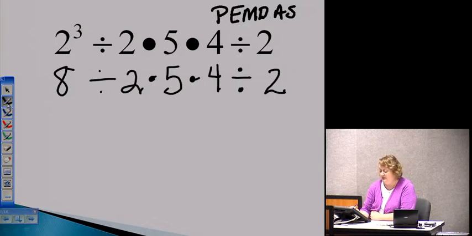8 divided by 2 gives me 4 times 5 times 4 divided by 2.